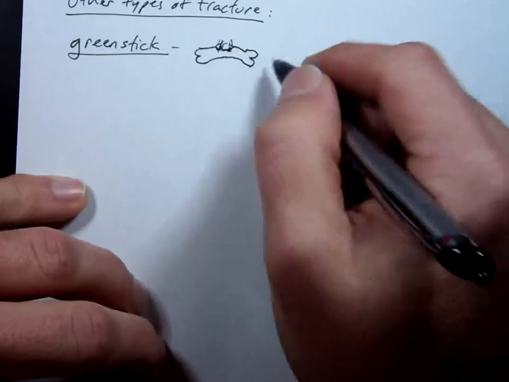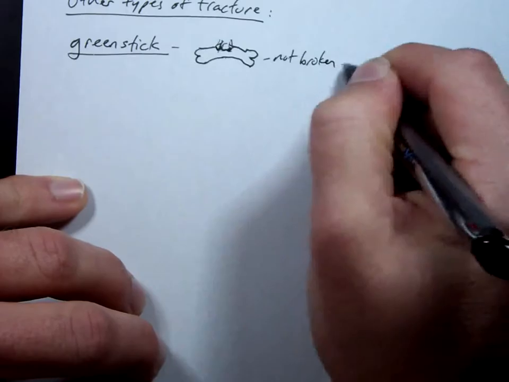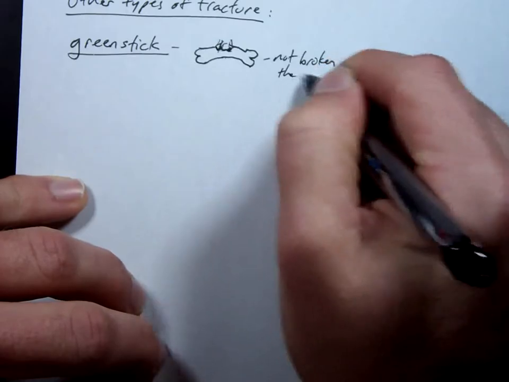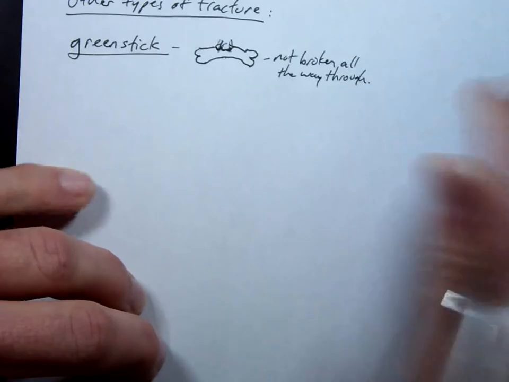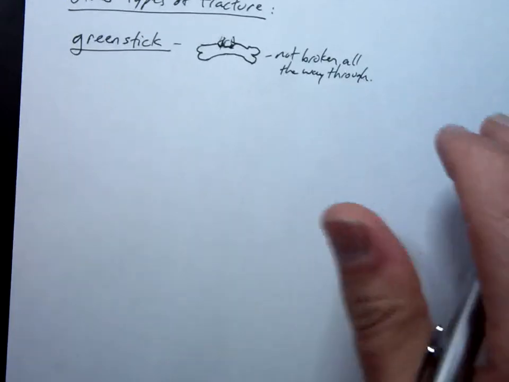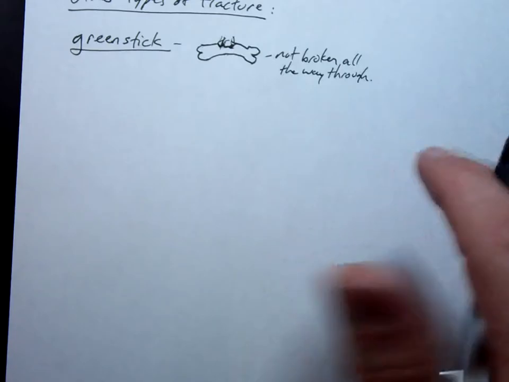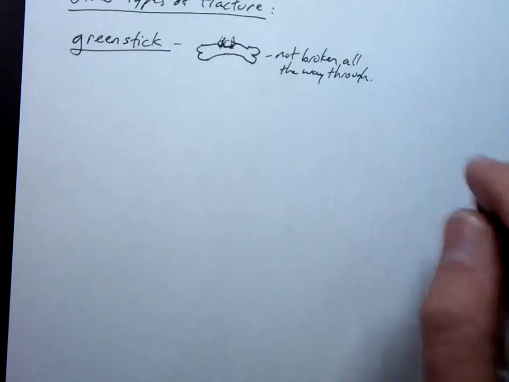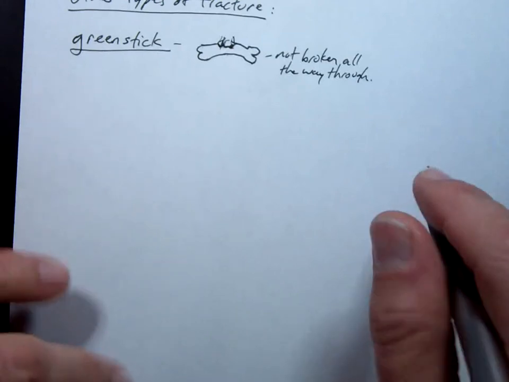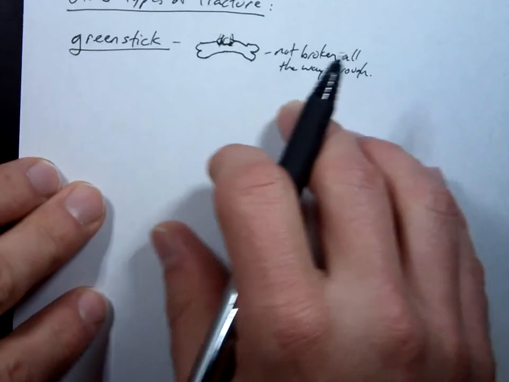There are portions that are still connected. This is more common in younger people than older people, as bones become ossified as we go through development. Young people's bones have a higher percentage of cartilage or proteins versus calcium phosphate.